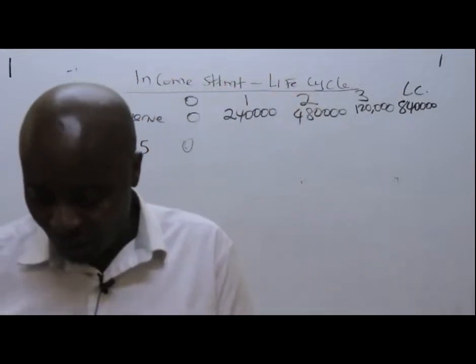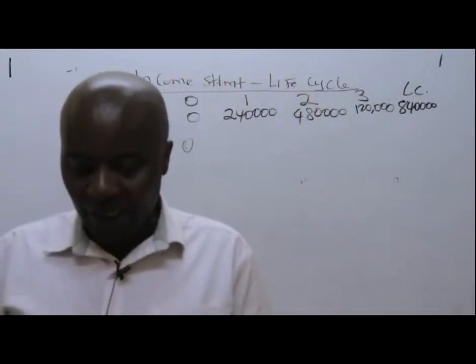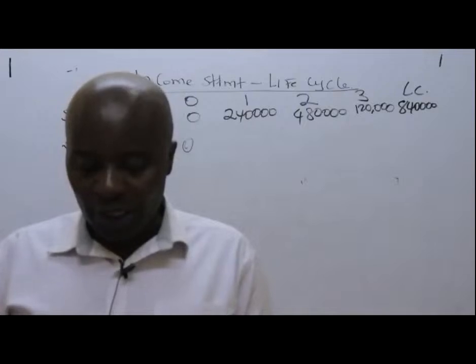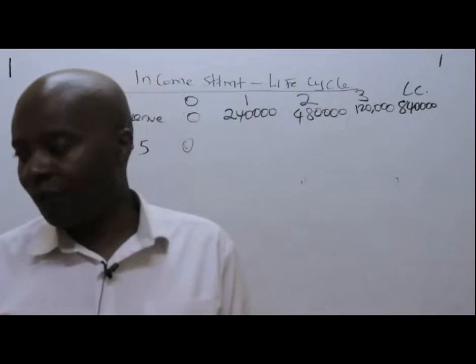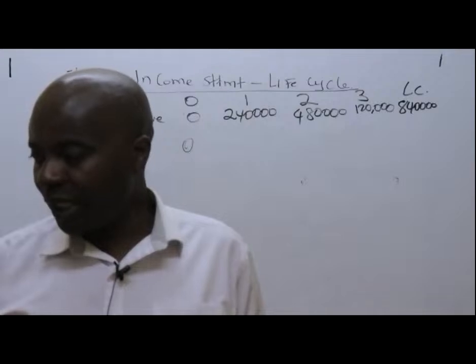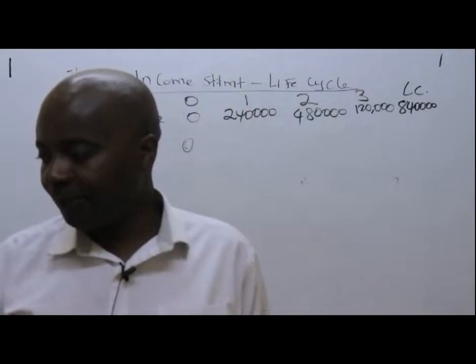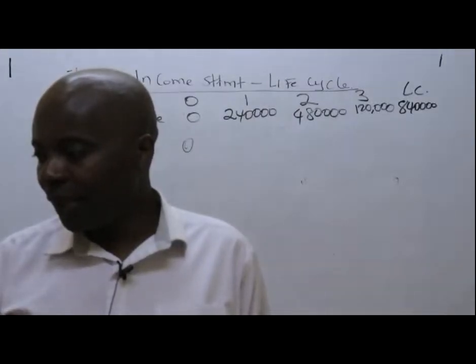So 80,000 units times 5. That will give us what figure? Please give me an answer.